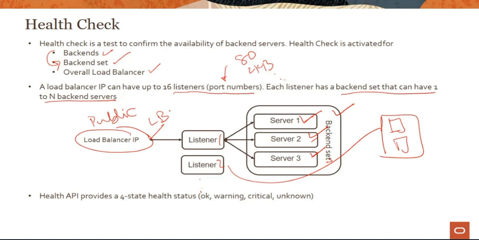Health API, which is behind the health check, provides a 4-state health status. So there is okay, which means everything is good. There's a warning, there's a critical, and there is an unknown. Critical means for some reason the backends have an issue, and it's not working. Unknown means sometimes you would see that the status goes to unknown.